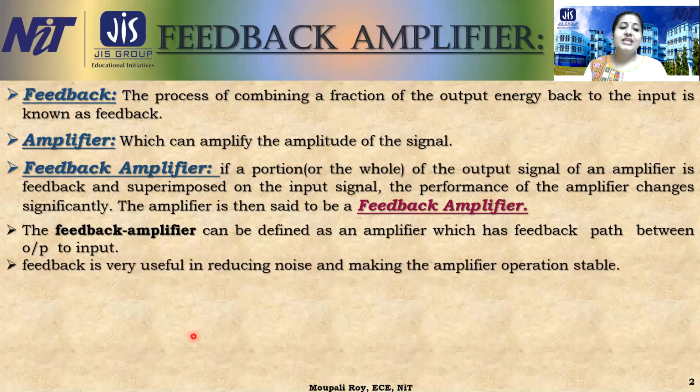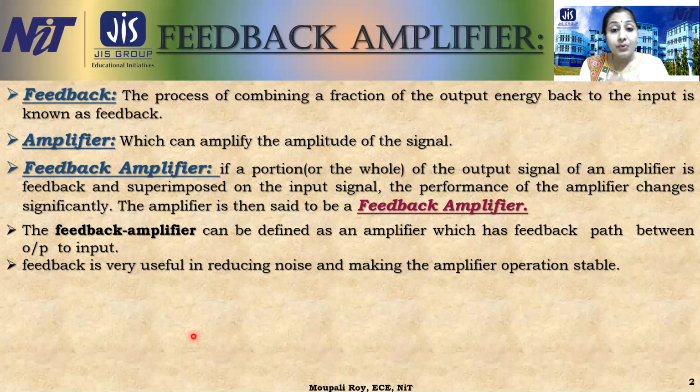The feedback is very useful to reduce the noise and make the amplifier operation stable. That means if the system is unstable, if we don't know the negativity of the system, then how can we improve it?